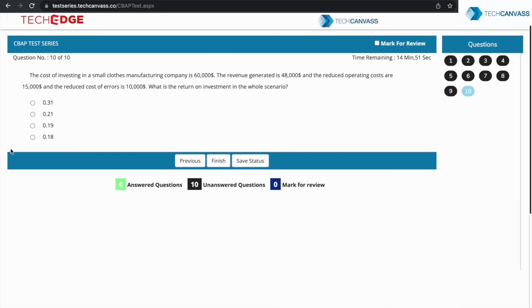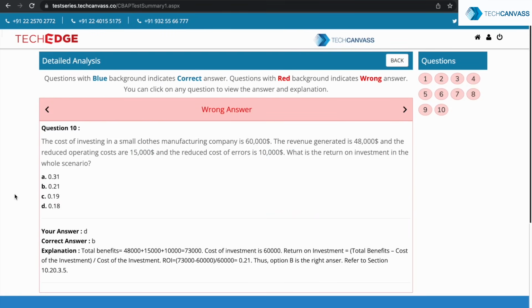So there are multiple numbers given here, like the cost of investing, revenue generated, reduced operating cost, and even the reduced cost of errors. So let's look at what the correct answer is. The correct answer is option B, which is 0.21. Let's look into its explanation. Total benefits is equal to 48,000, which is revenue generated, plus 15,000, which is reduced operating cost, plus 10,000, which is reduced cost of errors. That comes to $73,000.